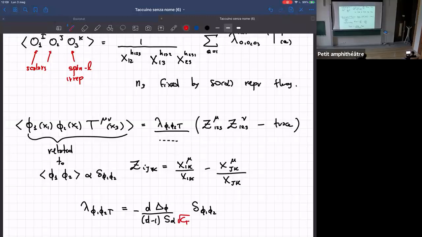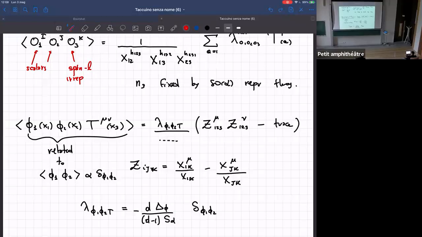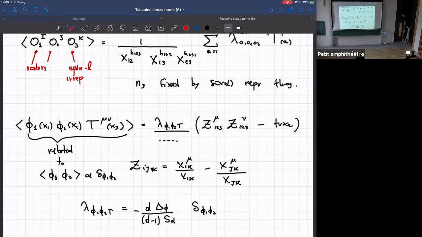Okay. But if you don't do that, the central charge does not appear. Okay, I prefer to use this convention. The important part is that you pick one and you stick to it. Thanks. You're welcome.